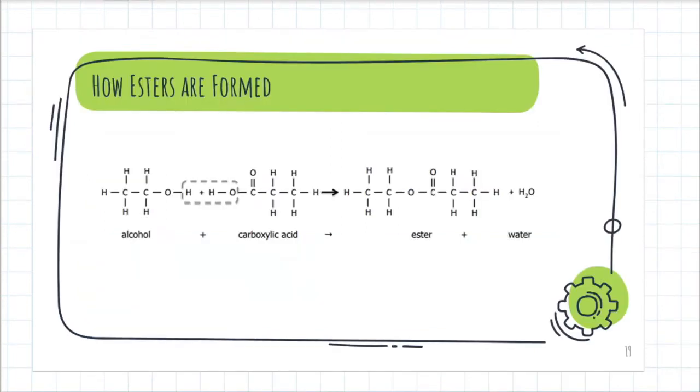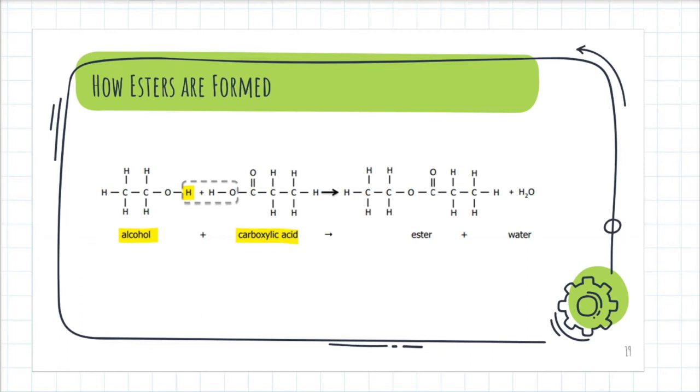To form esters, we can react alcohols with carboxylic acids in the presence of heat and a catalyst. Here we have ethanol that we are reacting with propanoic acid. When these compounds are reacted together, the alcohol loses an H, a hydrogen atom, which was initially part of its hydroxyl group.